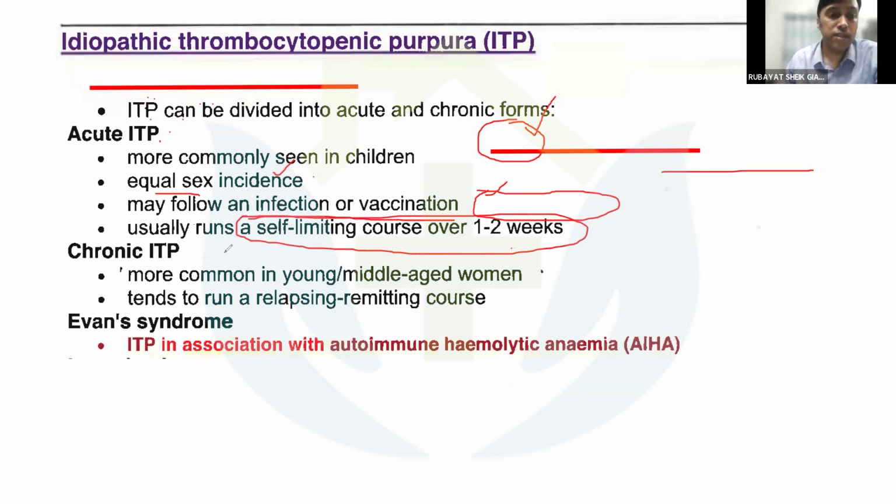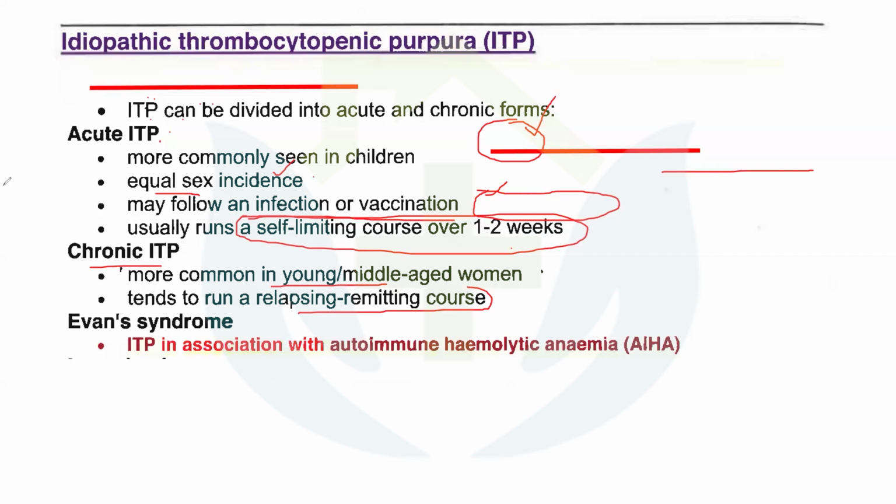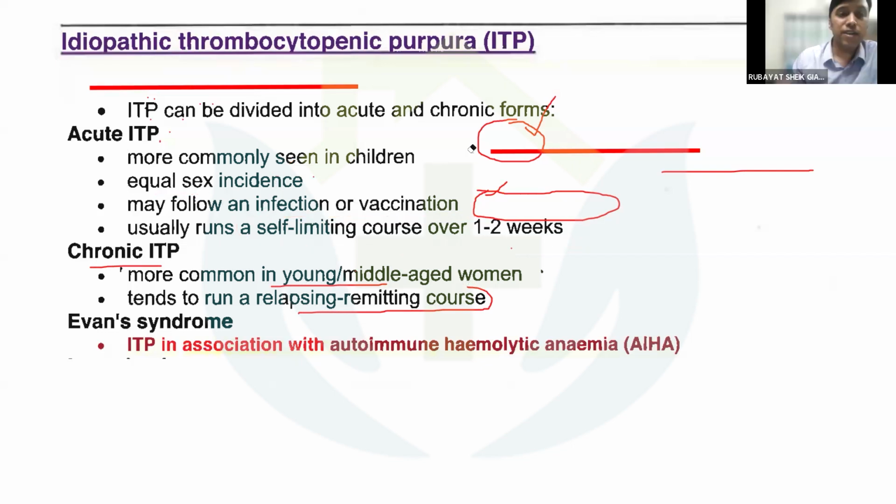You'll have to follow up. In chronic ITP in adults, it's usually a relapsing remitting course. This is usual, but there can be variations. Evans syndrome. And remember to answer first line treatment, oral prednisolone in ITP, unless you have other situations.